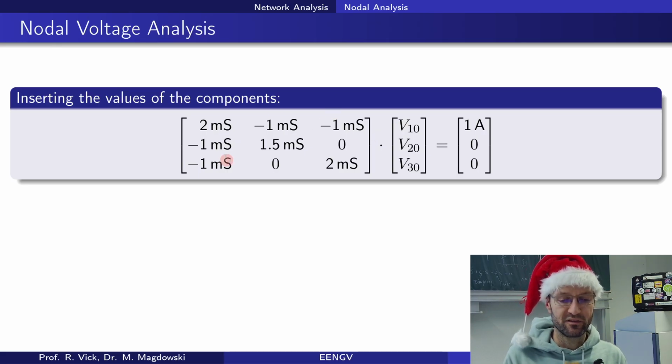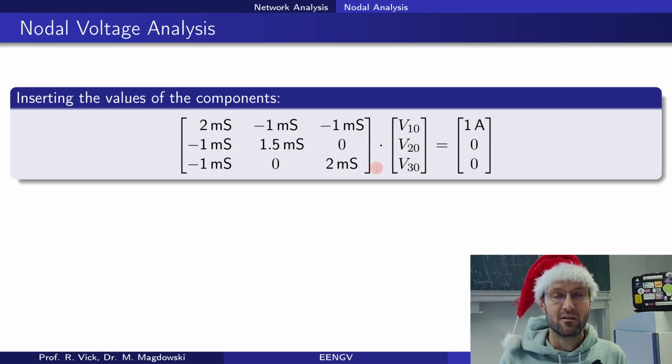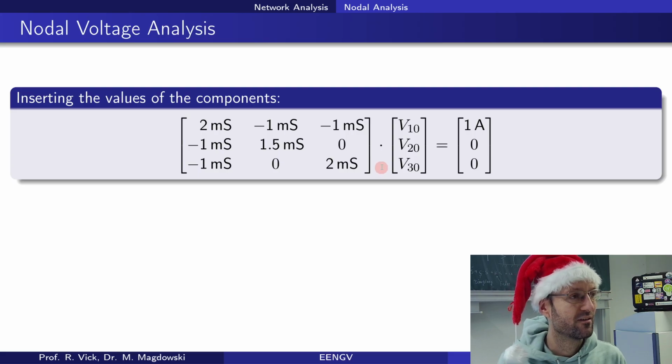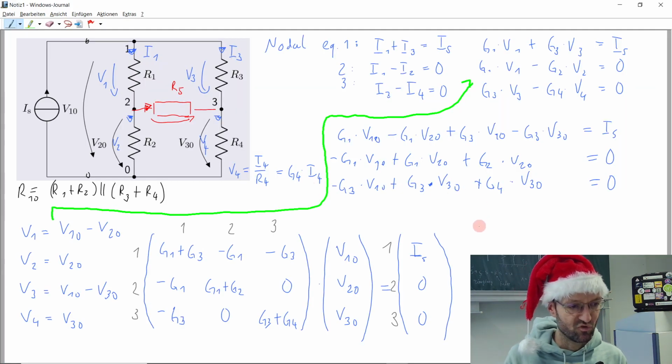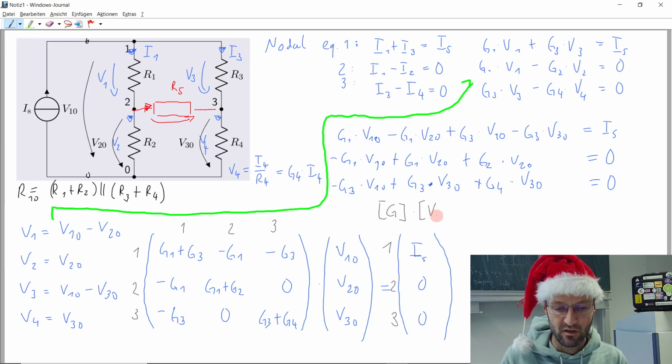And so then the question is, how can we solve this system of equations? Yeah, we could take, let me see if I have some space somewhere here where I can write this. So if we summarize the system of equations, then it looks like this: we have our G matrix that is multiplied with the nodal voltages.